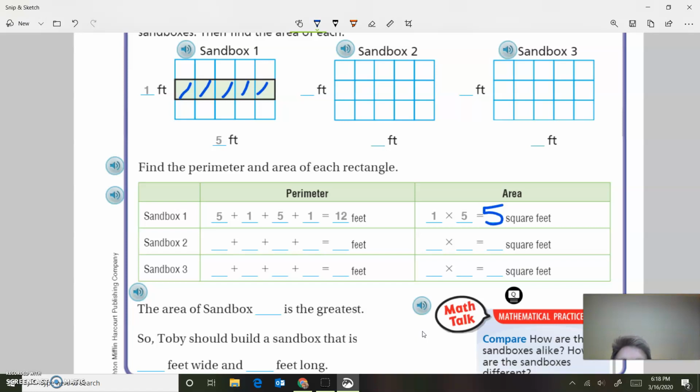What if we could create a more square shape? So rather than a 1 by 5, let's add 1 to the width. And if we add 1 to the width, we just have to take 1 away from the length, because remember, they still have to add up to 12. So let's just draw a picture of that. Let me grab a black pen here. So we got 2 by 4.